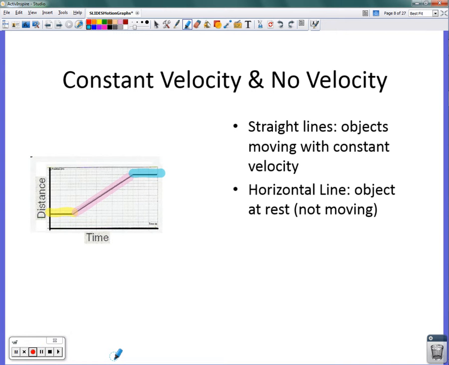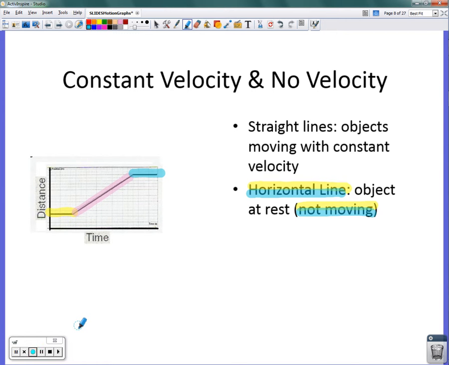They're both horizontal lines. And in terms of the motion of the object, horizontal lines represent an object that is not moving. And like I just said, in this graph, we actually have two horizontal lines. So there are two sections of this specified time period where this object isn't moving.